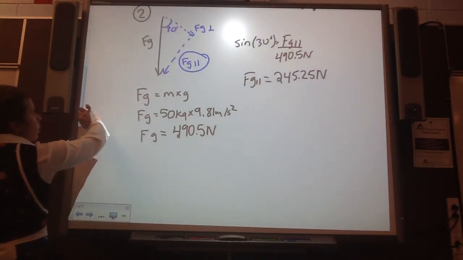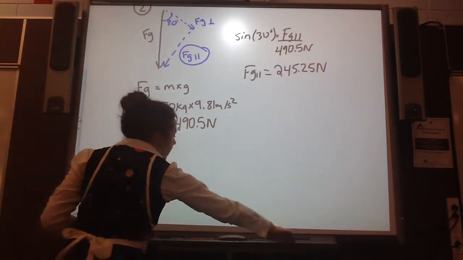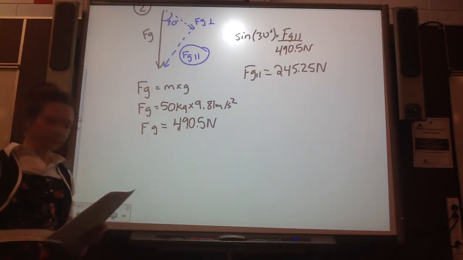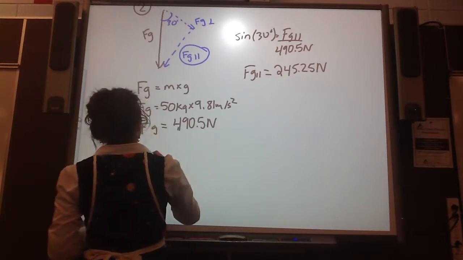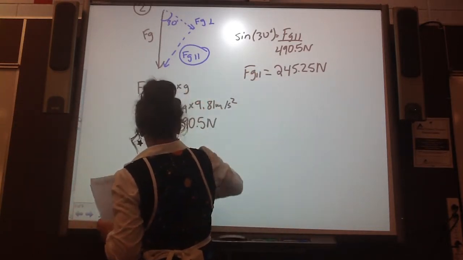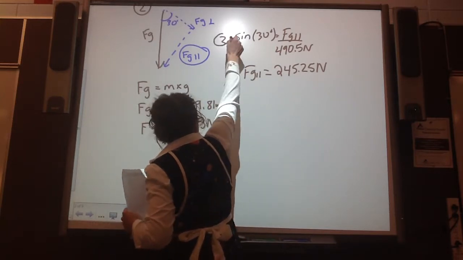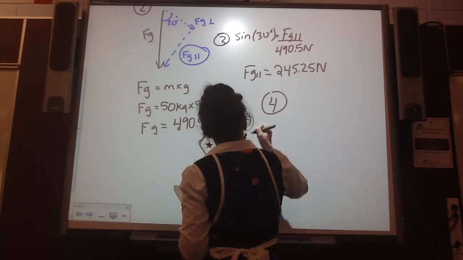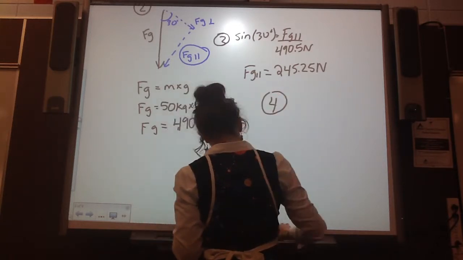So now I can go back and use my FNet. Okay, just wait. All right, so what step am I on? So this was 2, and this is step 3. Now I can move on to step 4, where I go back to my original equation.